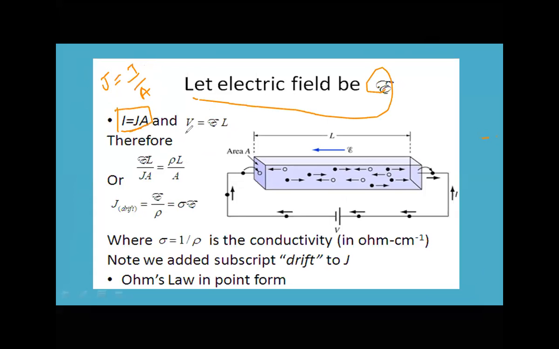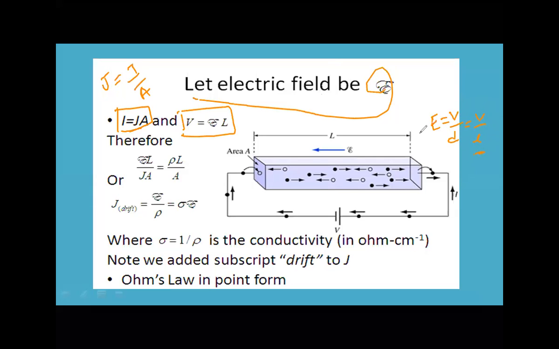But we also know that there is a relation V is equal to EL, or electric field is equal to V by D or V by L. We already know this from intermediate. Electric field is defined as potential per unit length. So electric field must be equal to V by L, which is potential per unit length.